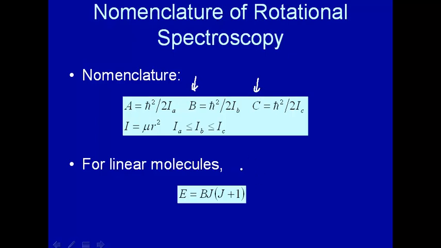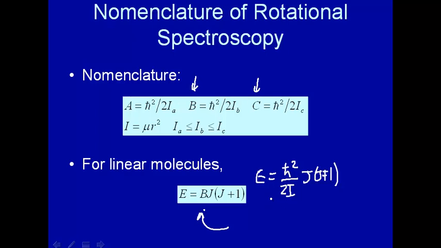Okay, we're considering linear molecules, and for some strange reason, the chemists have decided to use the symbol B. So remember, E was h bar squared over 2I, and linear molecules have a single axis, a single moment of inertia. You can only rotate around the bond axis, and that was J(J+1).